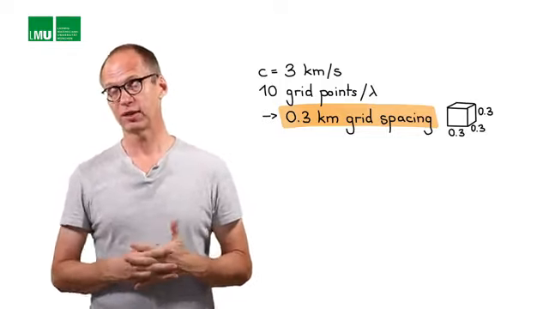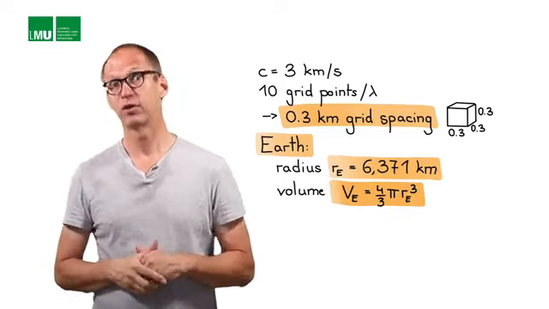Now, what does that mean if we want to discretize the entire Earth? The radius of the Earth is 6,371 kilometers, and the volume of the Earth would be 4/3 pi times r to the power of 3.